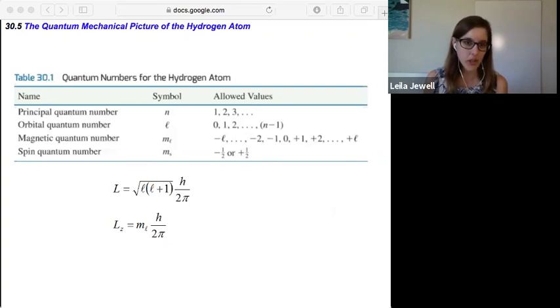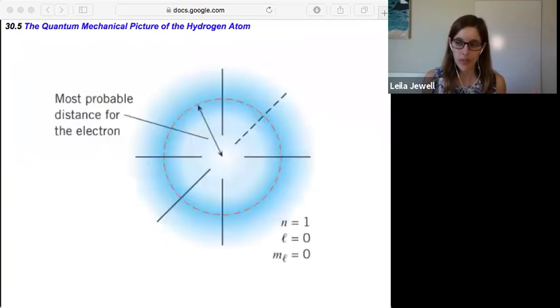So we've seen that the quantum mechanical picture does have some key differences from the Bohr model. And it turns out it even differs in terms of the radius of where the electrons are. This is the ground state of a hydrogen atom: n is equal to 1, L is equal to 0, m sub L is equal to 0. The blue sheen here is actually a probability cloud of where the electron is located.